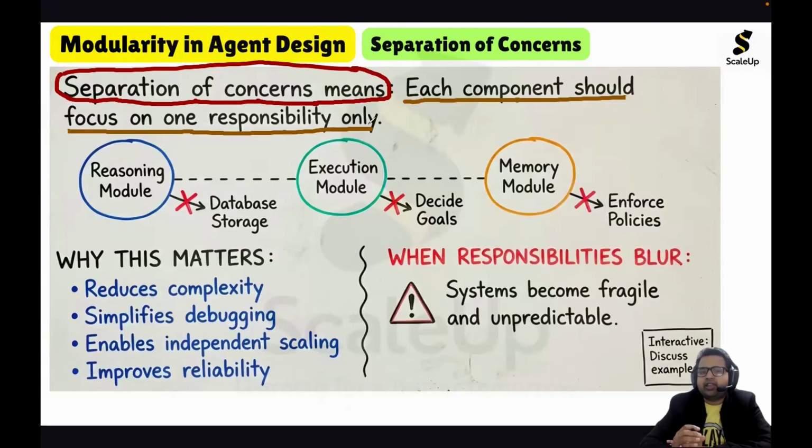Now, each component should focus on one responsibility only, and that is the meaning of separation of concerns. For example, if we are talking about the reasoning module, this reasoning module should not have to deal with database storage, because the responsibility of the reasoning module should be interpreting the goal and helping in decision making.